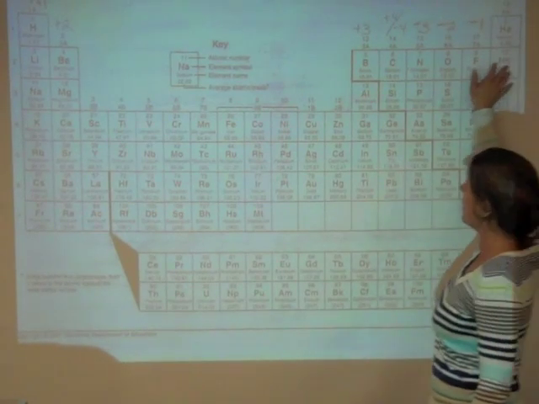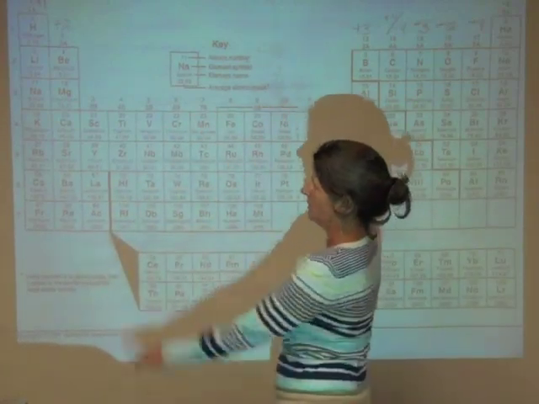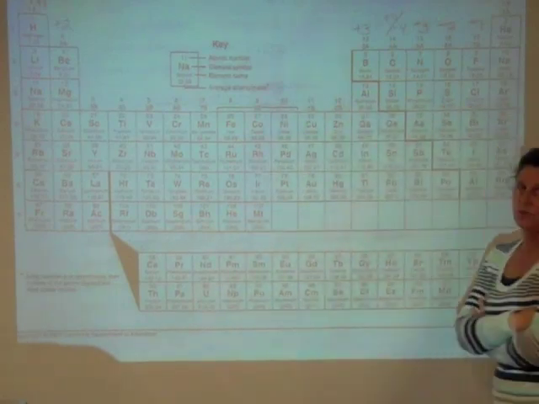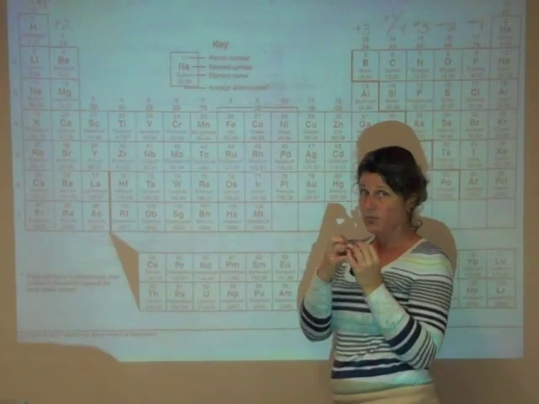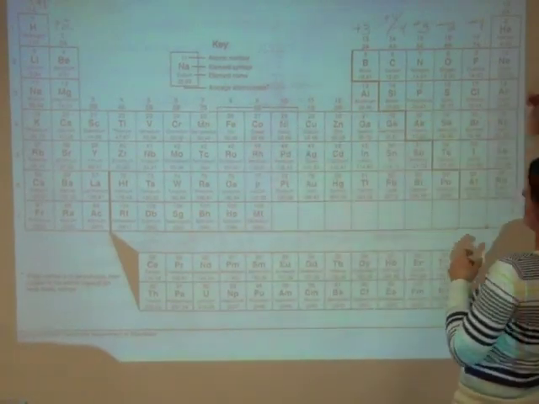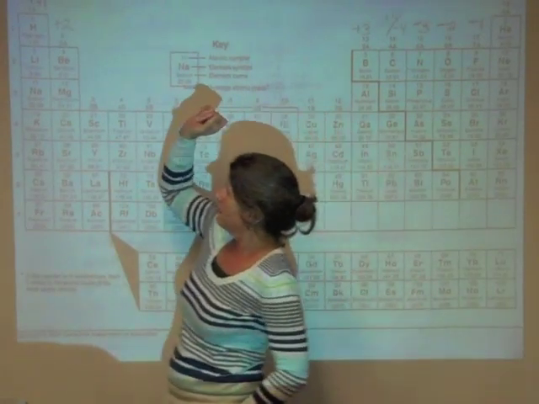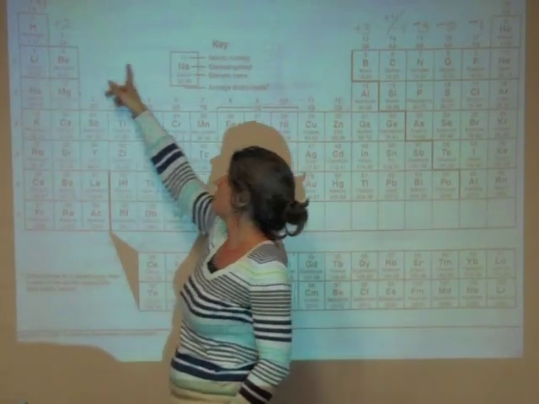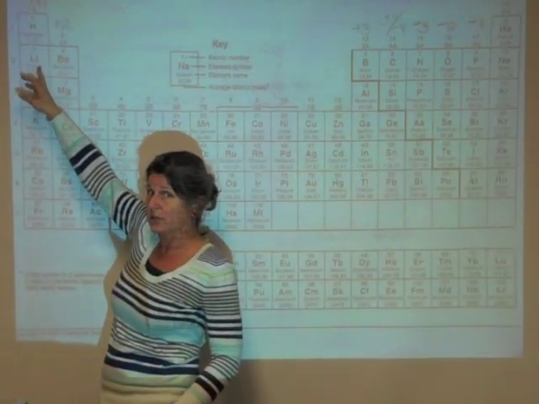Okay, so if we're talking about quantum level 2, lithium has the least effective nuclear charge in quantum level 2, right? So it's got fewer protons in its nucleus than anything else that has electrons in quantum level 2. And so for period 2, lithium's going to have the lowest ionization energy.